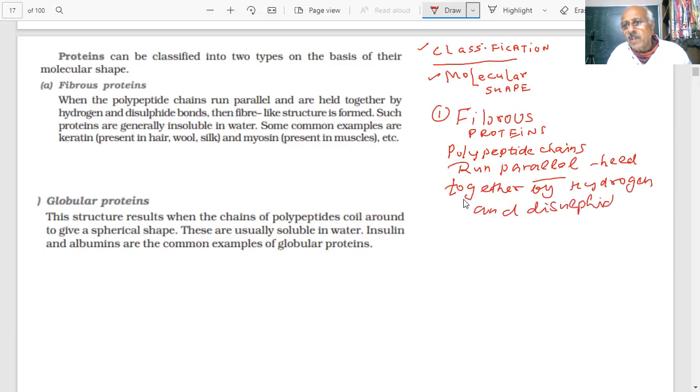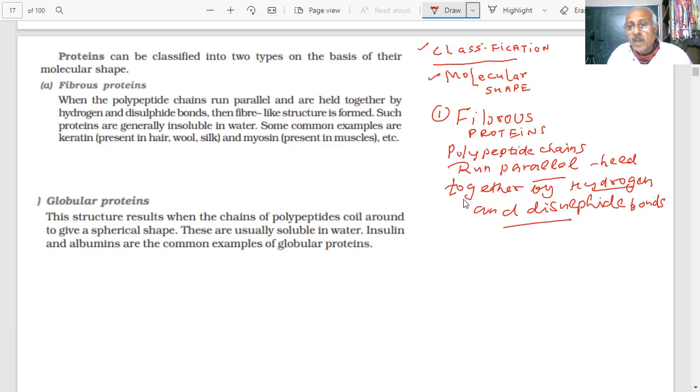In chemistry, bonds are very important. That is a question where hydrogen and disulfide bonds will come. Then they give a fiber-like structure, students.